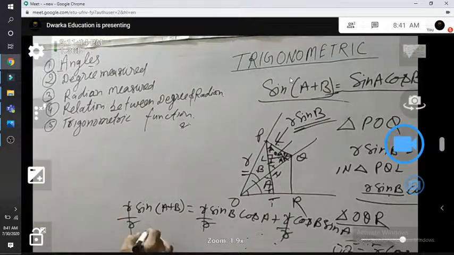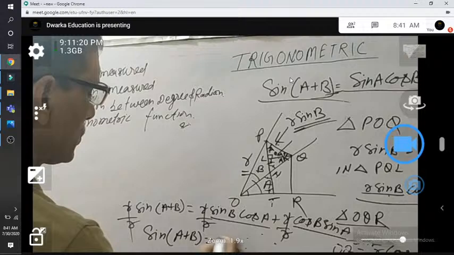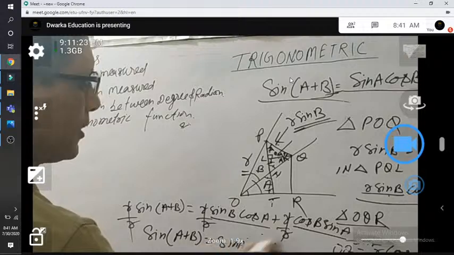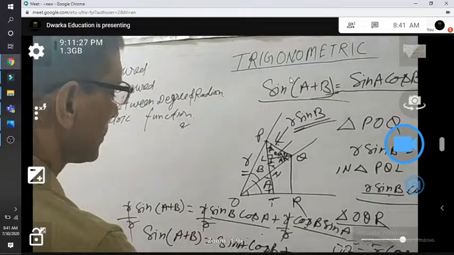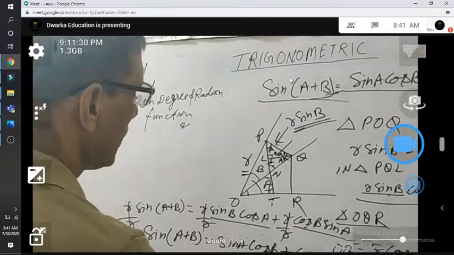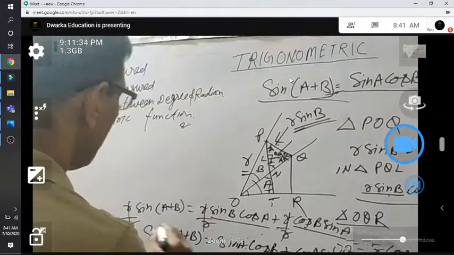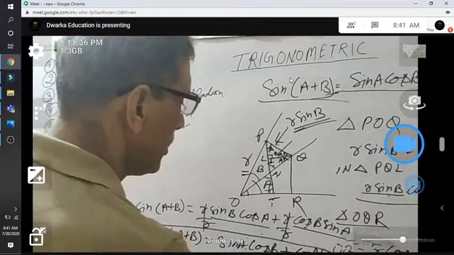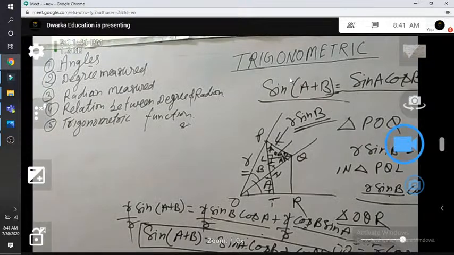Now this is the result. Sin A plus B is equal to sin A cos B plus cos A sin B. This is geometrically proved for sin A plus B, as we found out all the values of cos and sin.